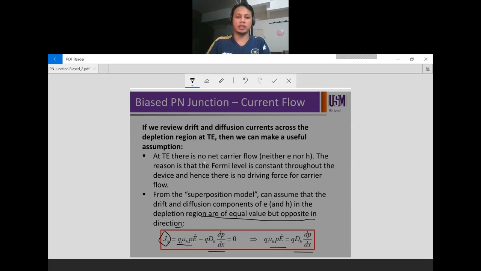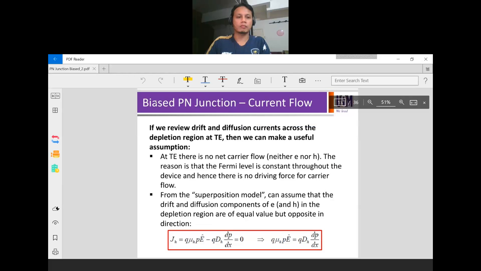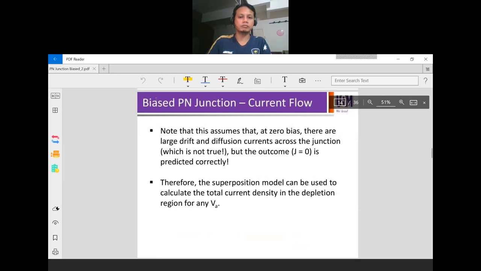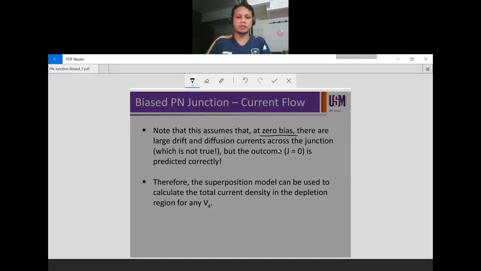So therefore, you don't have any net carrier flow. This is at zero bias, right? The total J, the net J, is zero. So we can use this model, drift and diffusion, to calculate the total current density in the depletion region for any applied voltage, right?